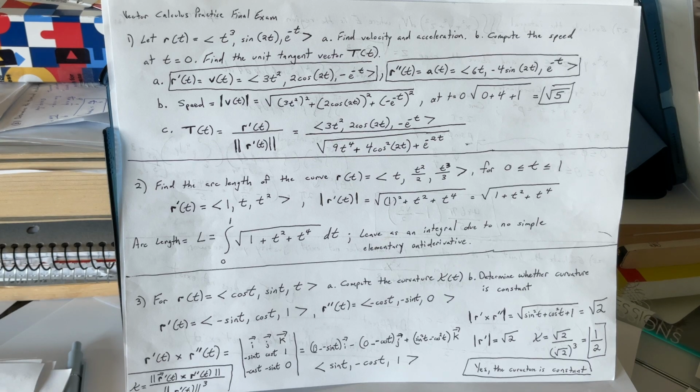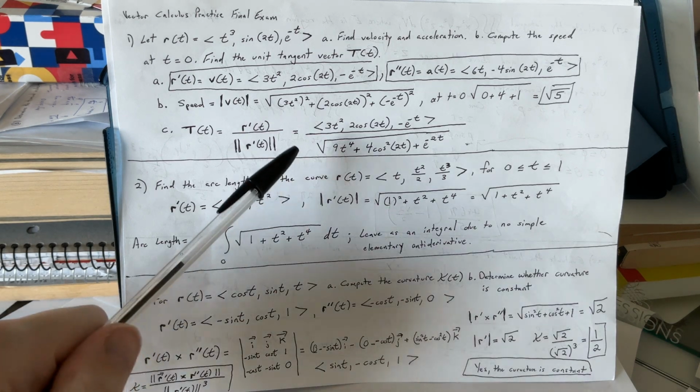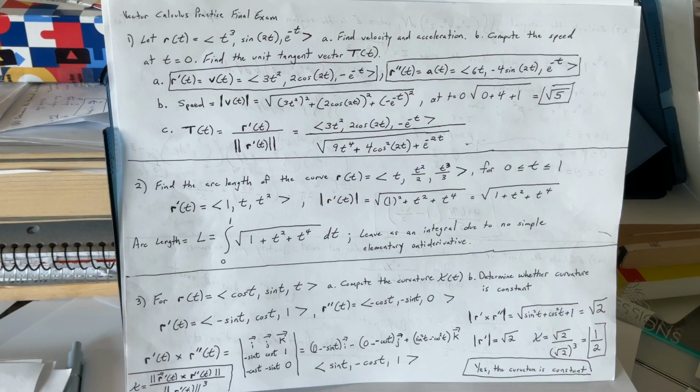Number 2 is just finding the arc length here, from 0 to 1. What we do first is we take the derivative, we find r prime of t, then we find its magnitude. We wind up with square root of 1 plus t squared plus t to the 4th, and we're going to leave this as an integral due to no simple elementary antiderivative.